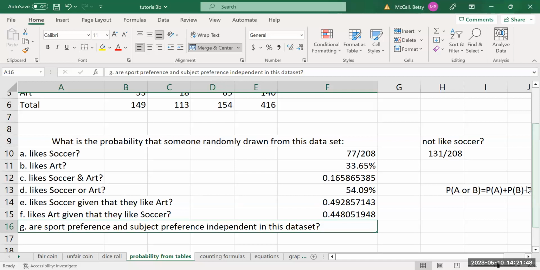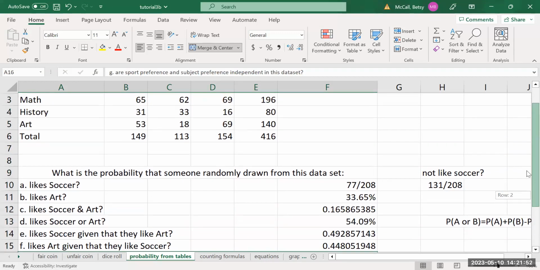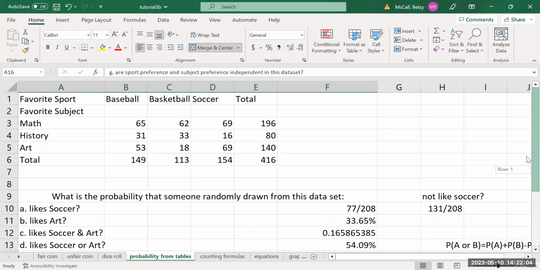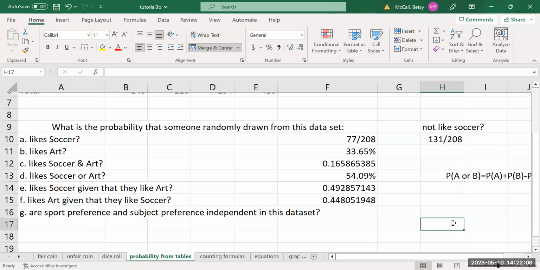Now, the hard question then is, are these two variables, sports and favorite subject in school, independent or are they dependent in this data set? Not inferentially, but just descriptively in this collection of information. Now, there are two ways that we can test that.